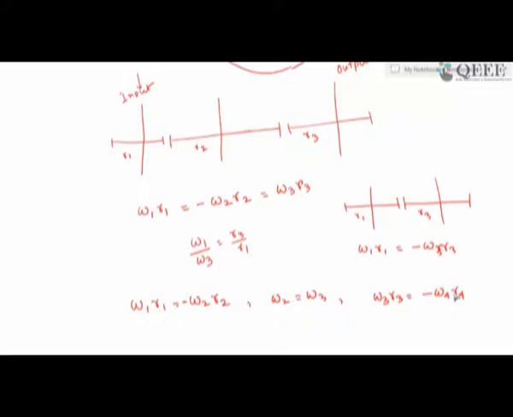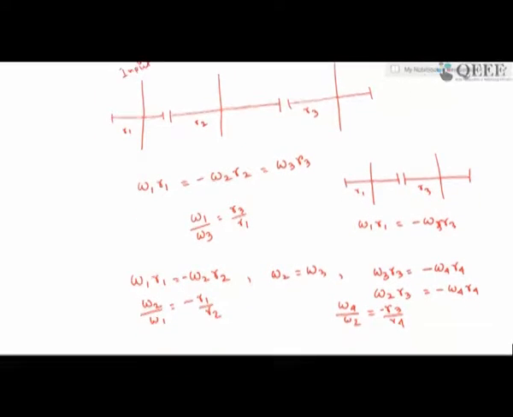So therefore what we have is omega 2 R3 is equal to minus omega 4 R4, and therefore omega 4 by omega 2 is equal to R3 by R4 from this side, and from the other side, omega 2 by omega 1 will be, I forgot a minus sign here, R1 by R2.